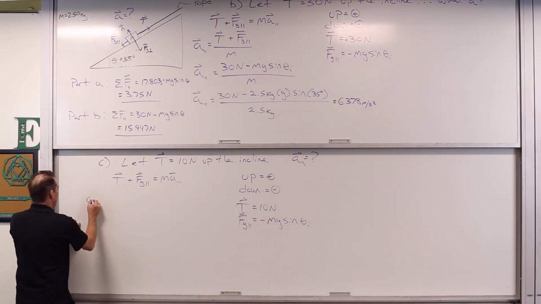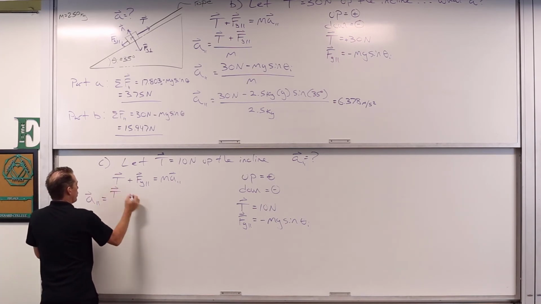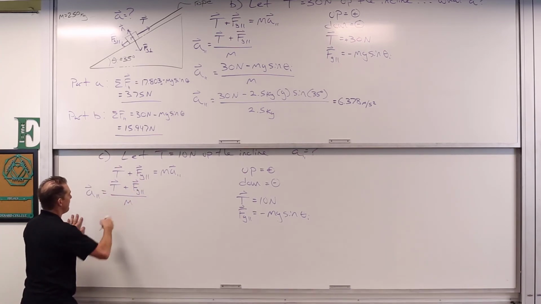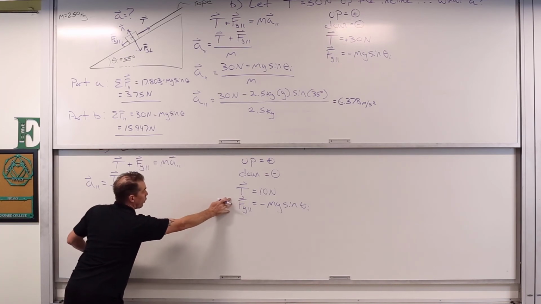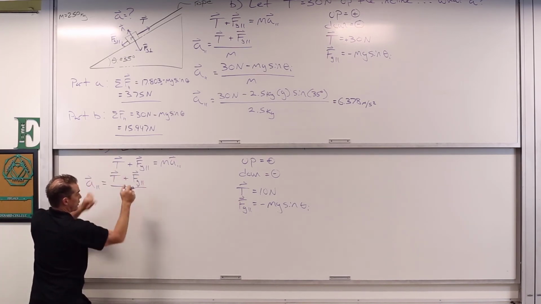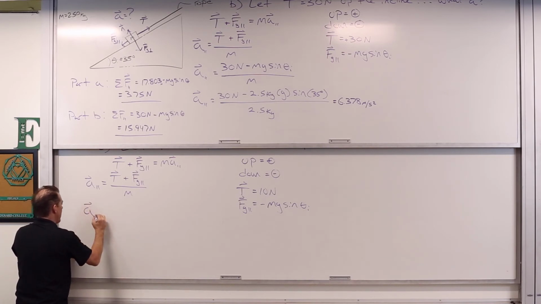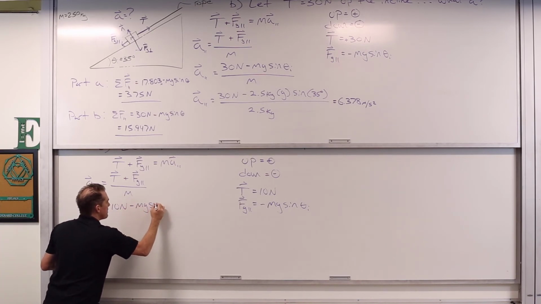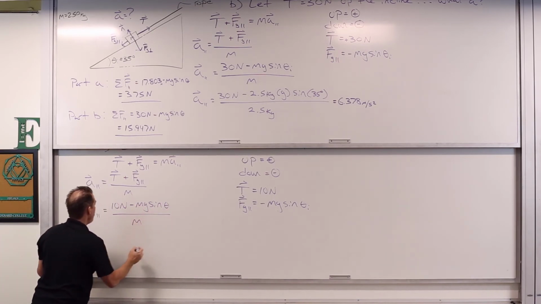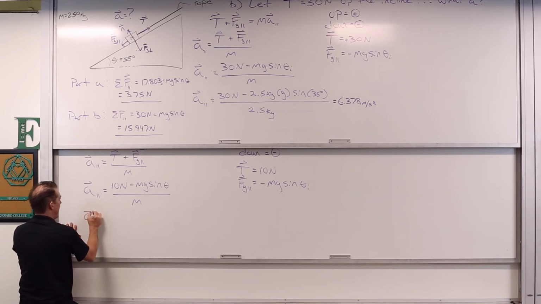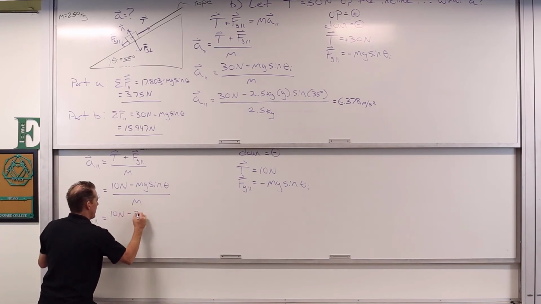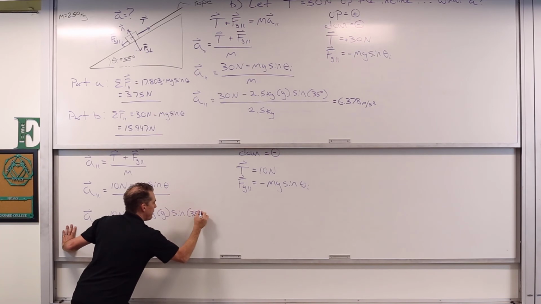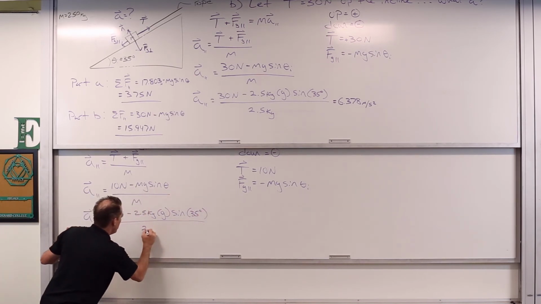Can go ahead and say again that A parallel hat is equal to T hat plus FG parallel hat divided by m, and then we can throw in our sign correlations for these vector quantities, get rid of the vector hat in favor of their sign, and get A parallel hat is equal to 10 newtons minus mg times the sine of theta divided by m, which then gives us that A parallel hat is equal to 10 newtons minus 2.5 kilograms times g times the sine of 35 degrees divided by 2.5 kilograms.